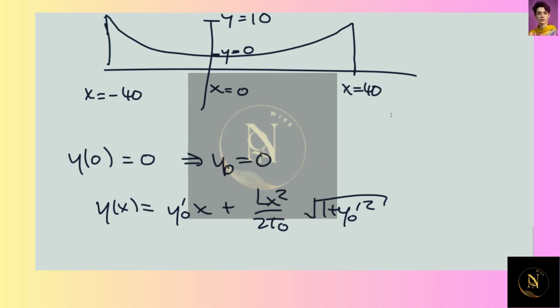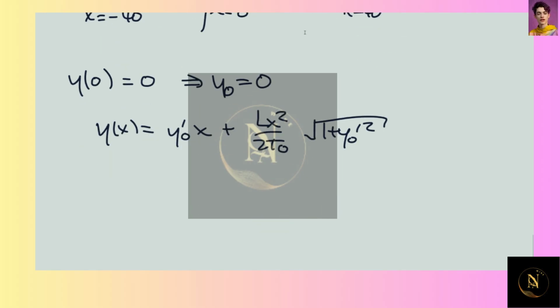Now let's use the fact that y of 40 is 10. So y of 40 is equal to y of minus 40 is equal to 10.